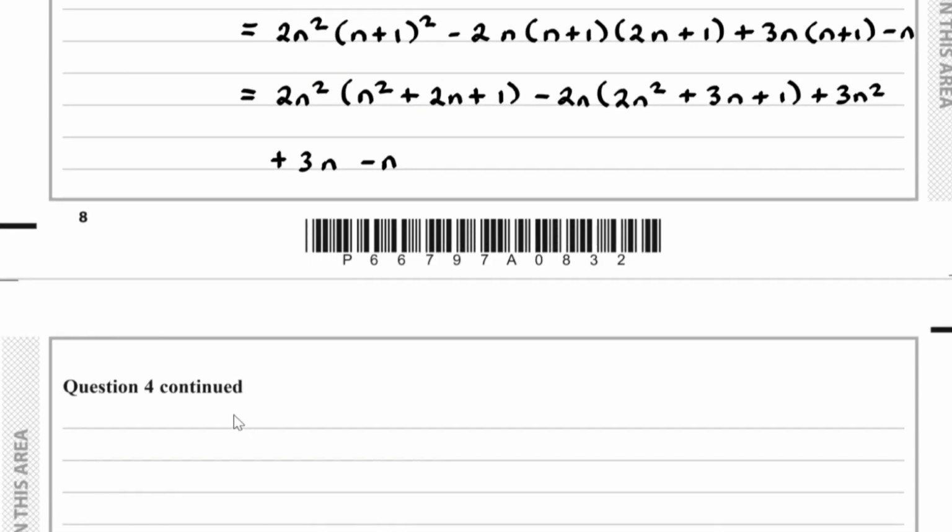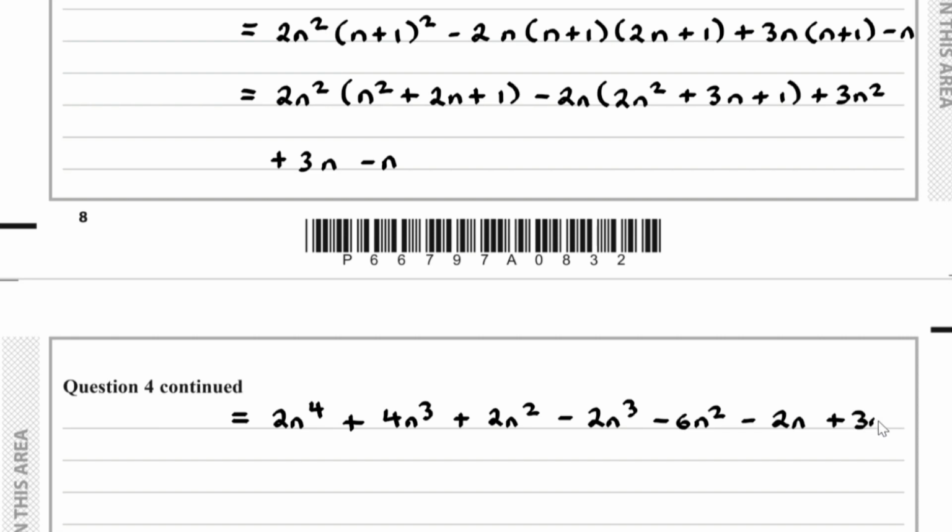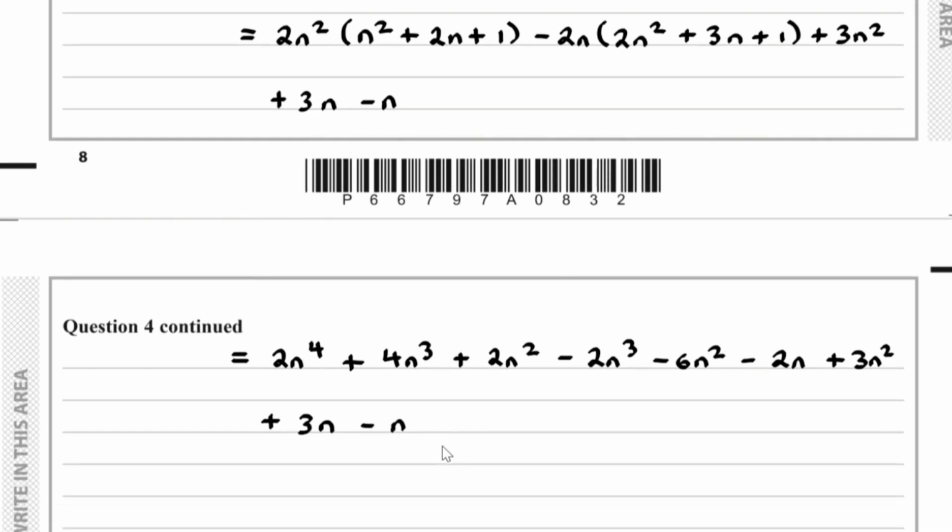If we expand again, 2n squared times n squared, we've got 2n to the 4, then we add on 2n squared times 2n, that's 4n cubed, then we add on 2n squared, we then subtract 4n cubed, then we subtract 6n squared, subtract 2n, add 3n squared, add another 3n, and then subtract n.